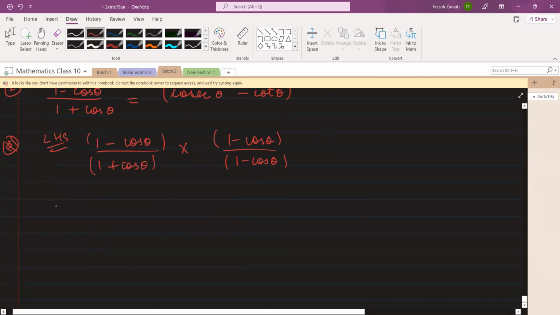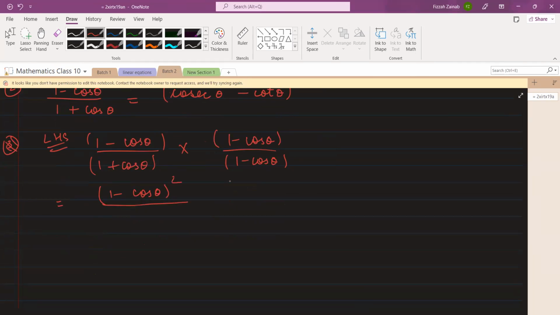So you have 1 minus cos theta whole square, and this is a plus b, a minus b, so 1 minus cos square theta. It becomes 1 minus cos theta whole square divided by sine square theta, right?